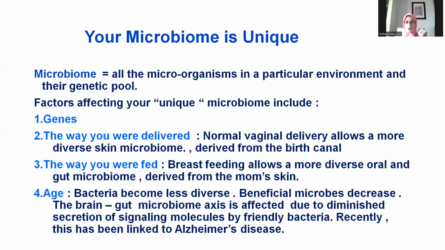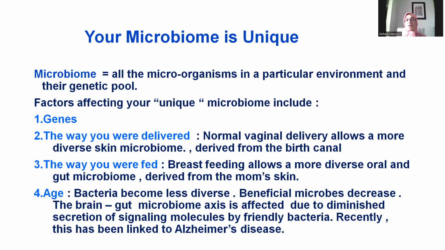So the gut-brain axis is that highway that connects the gut to the brain, and it is actually the blood vessels mainly. So if the friendly flora diminish, then the gut-brain axis diminishes, and this is one of the interpretations or explanations why Alzheimer's disease occurs.